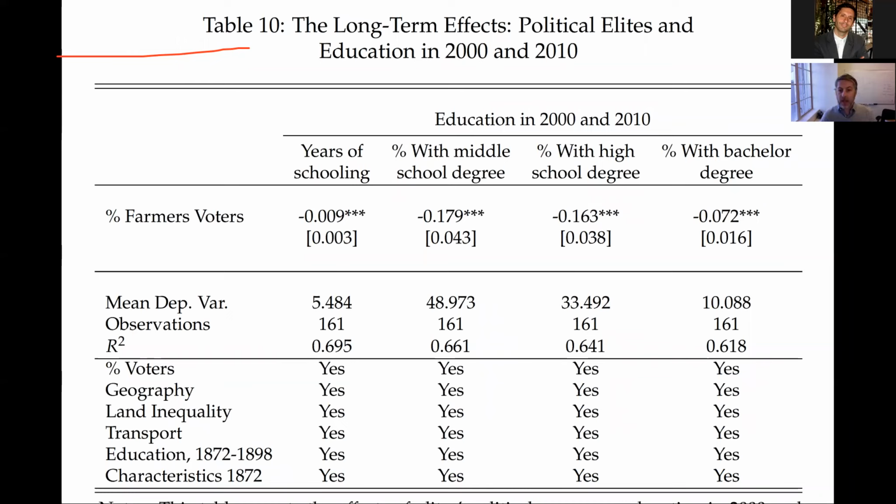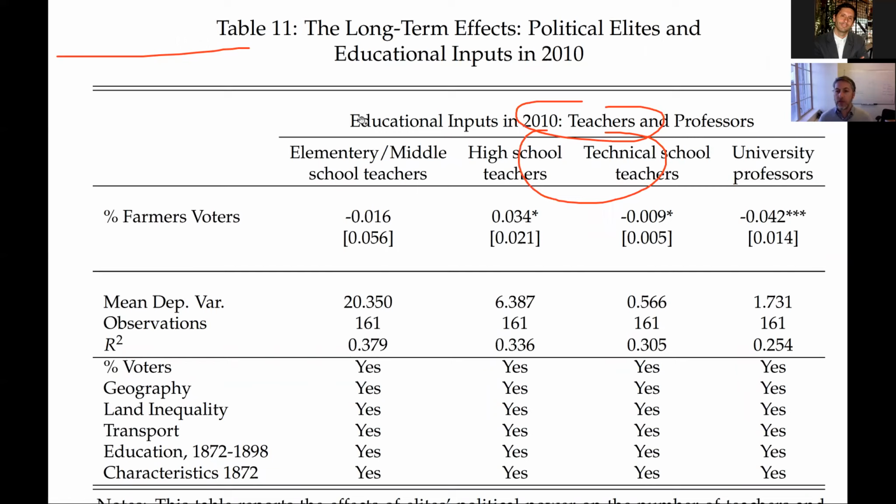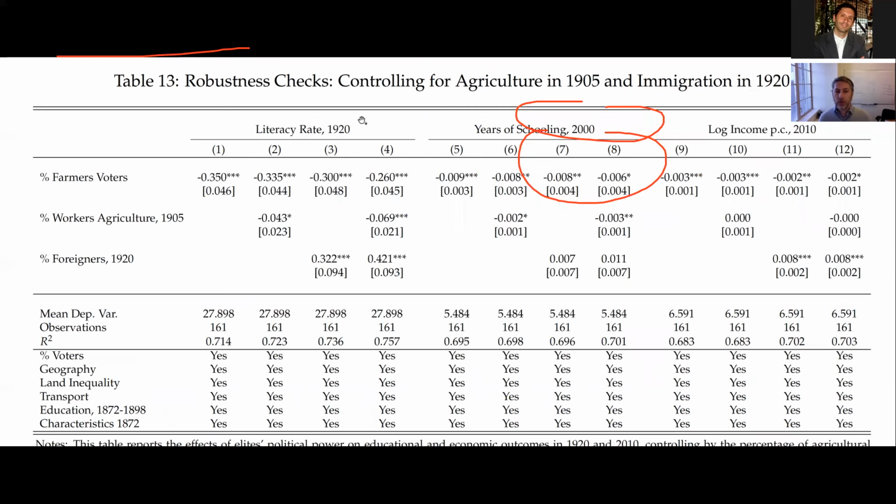And finally, what we document that's striking in some sense is that even until today, if you look at data in 2010 and 2000, it's still the case that in the top of the distribution of schooling, for example, the share of people with a high school degree or college, you see that even until today, there seem to be some difference in education.